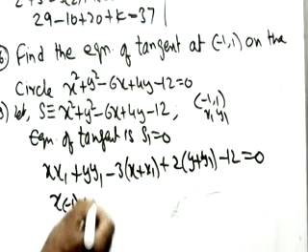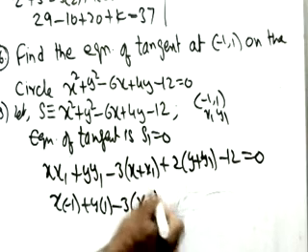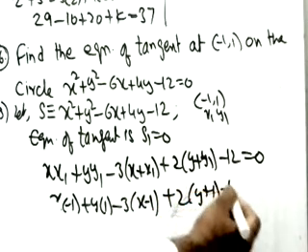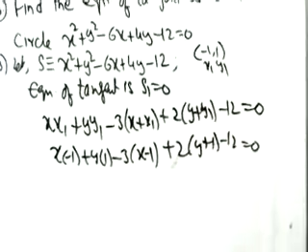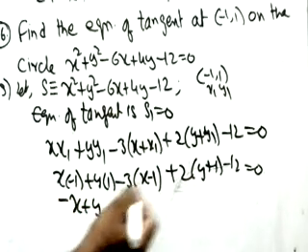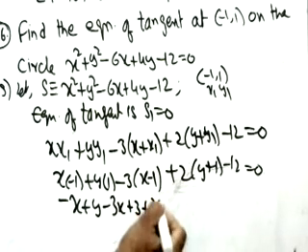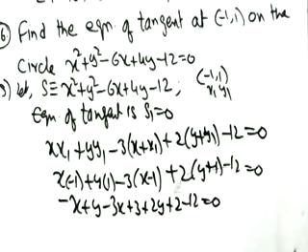Now let me substitute the values. X into x1 is minus 1, plus y into y1 is 1, minus 3 into x plus x1 is minus 1, plus 2 into y plus y1 is 1, minus 12 equals 0. Now let me solve these values. Minus x, plus y, minus 3x plus 3, plus 2y plus 2, minus 12 equals 0.